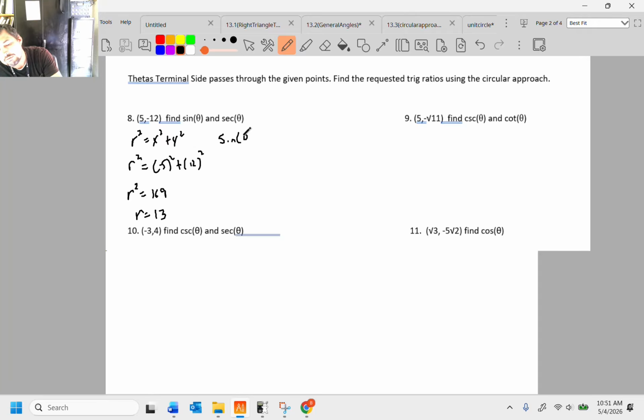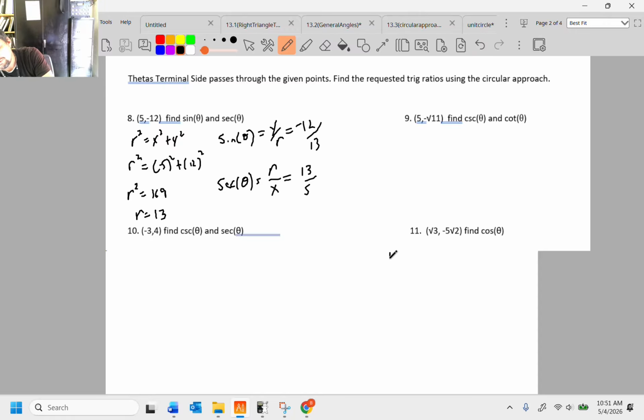According to the circular approach, the sine ratio is y over r. So it's going to be negative 12 over the radius of 13. The secant ratio is r over x, radius being 13, x value being 5. Easy peasy lemon squeezy.